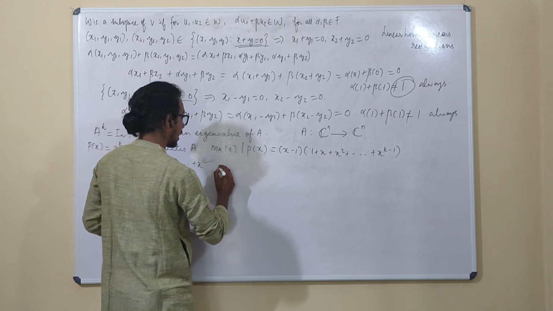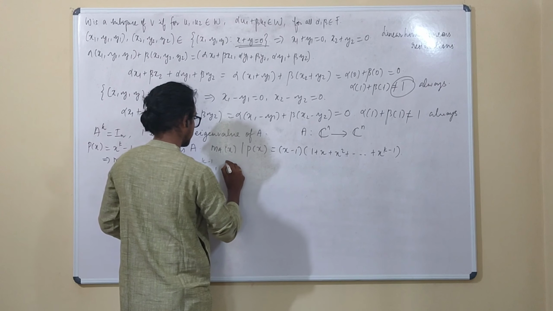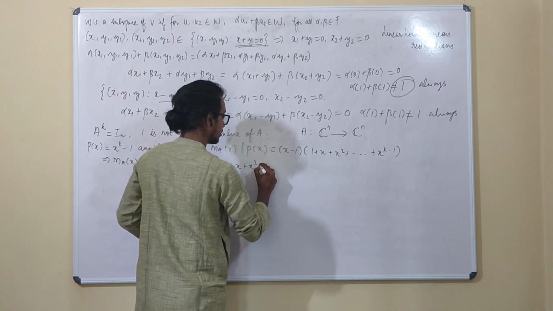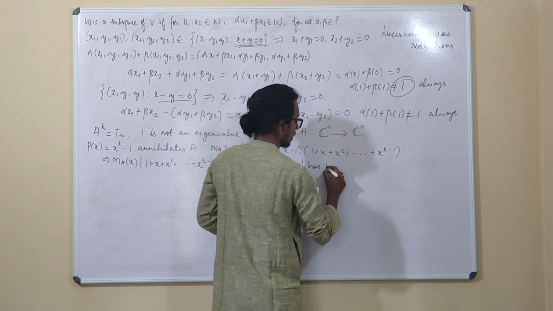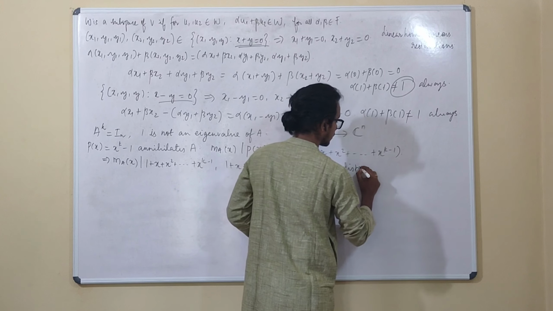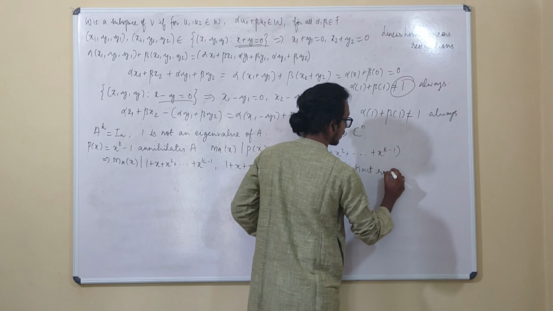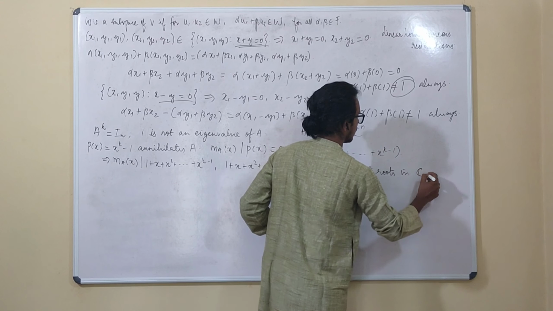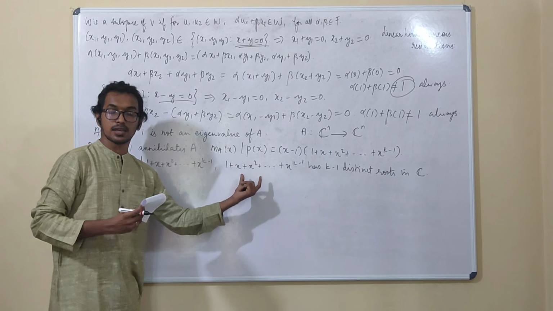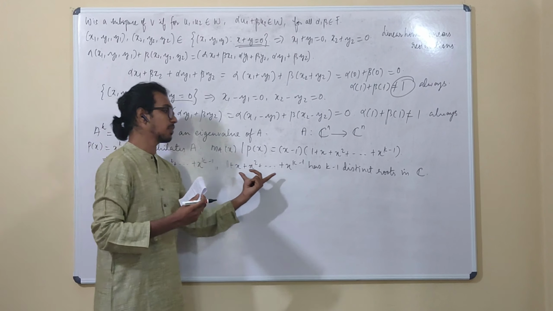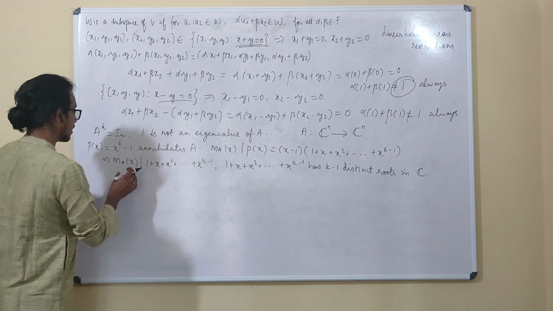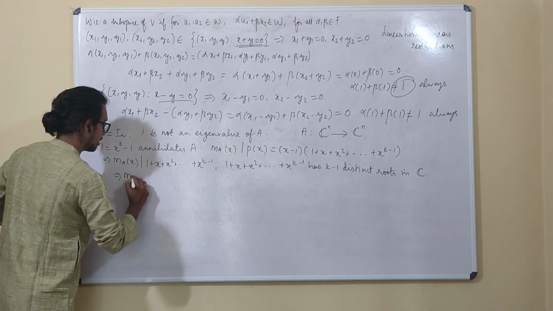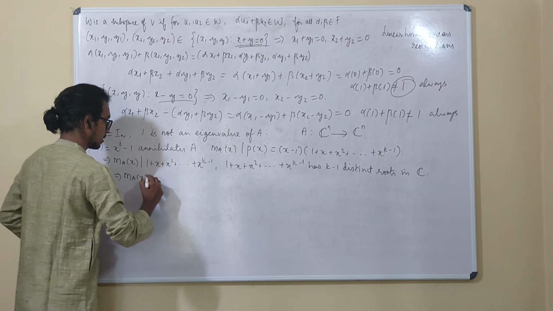Therefore, this has k minus 1 distinct roots in C. If it has k minus 1 distinct roots, of course this can be written as a product of k minus 1 linear factors.